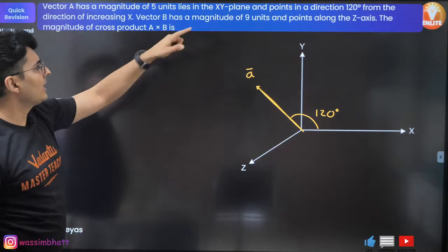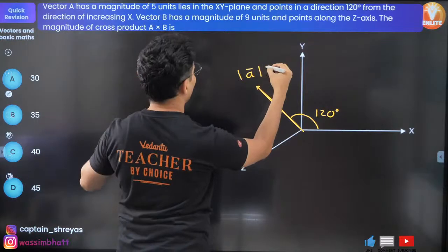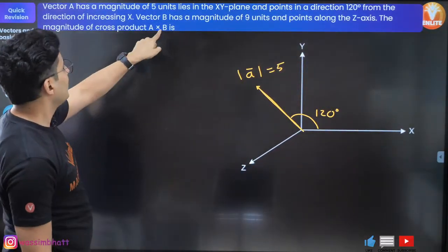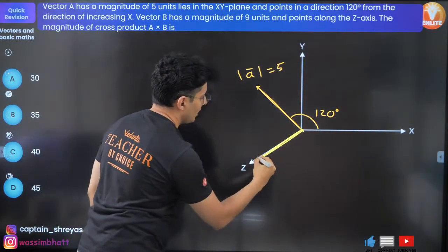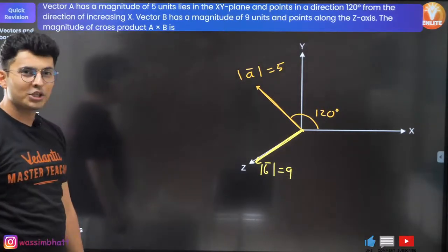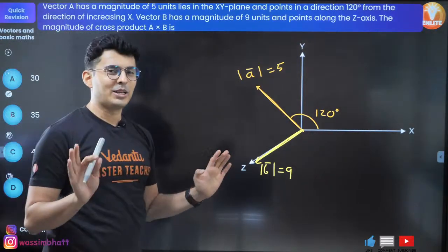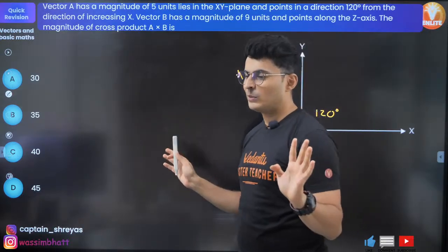The second vector has a magnitude of 9 units, along the z-axis. Now the question is, what is A cross B? Now I know many of you are going to make mistakes, very stupid ones, but let's see how many of you can do this.